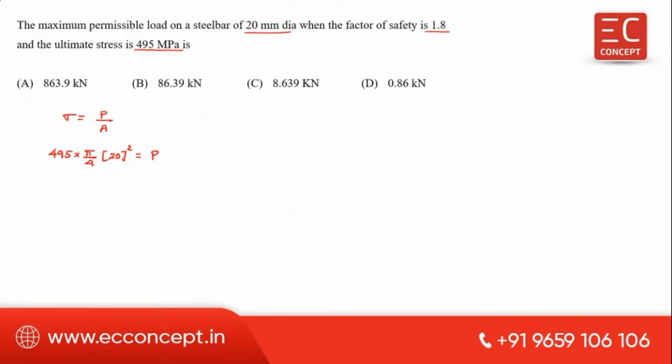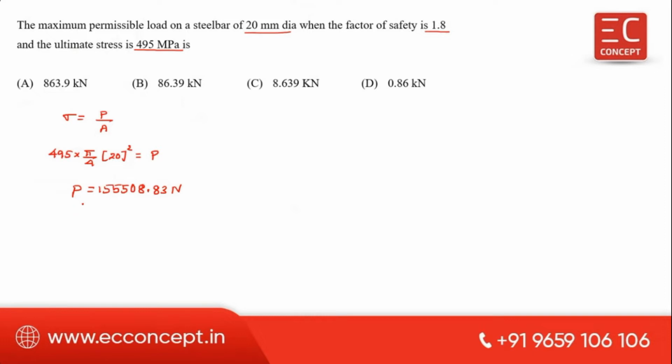So if you resolve this, you will get 495 into pi by 4 into 20 square. The answer is P equal to 155508.83 Newton.